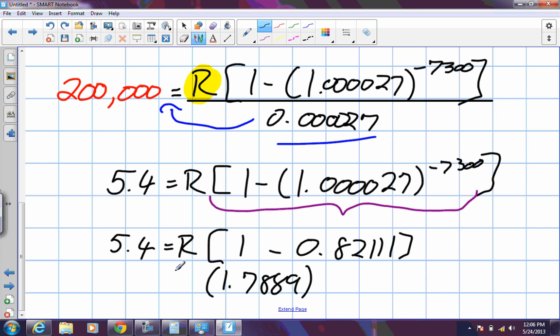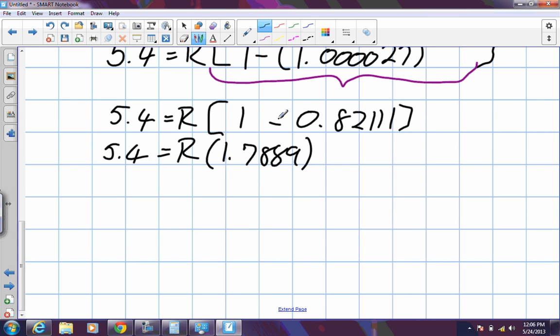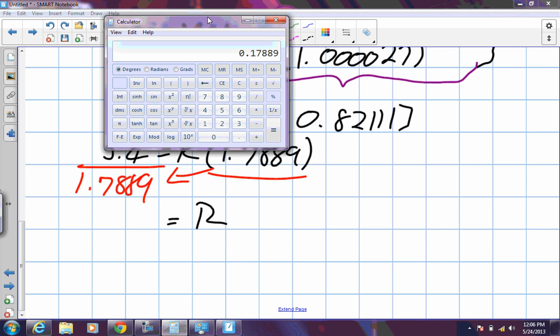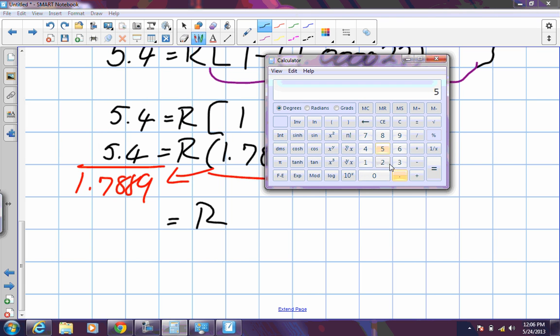That means I need to move this to the other side, and when I do that, I'll have to divide by this amount. So this is going to tell us every day how much money we can take out of the $200,000 to live off of. We divide 5.4 by 1.7889.